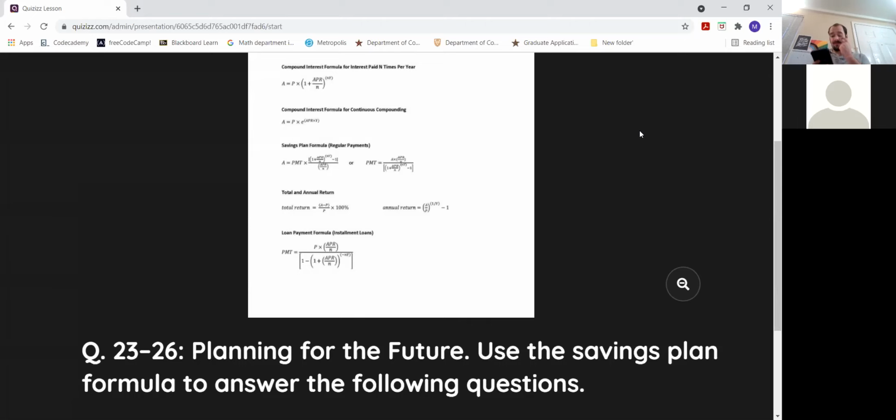And with most stuff in this section, if we're using the savings plan formula, I'm just going to round it to the nearest dollar.